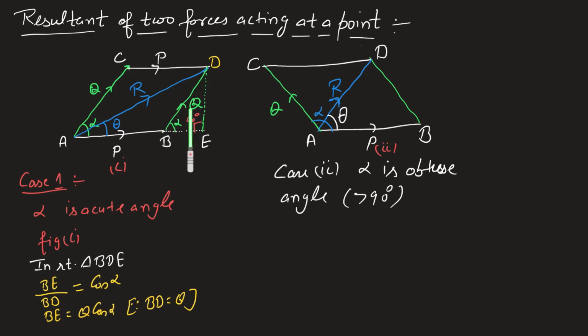If you look over here, this is Q, these both are parallel. So BD is also representing the force Q. So BE is equal to Q cos alpha.